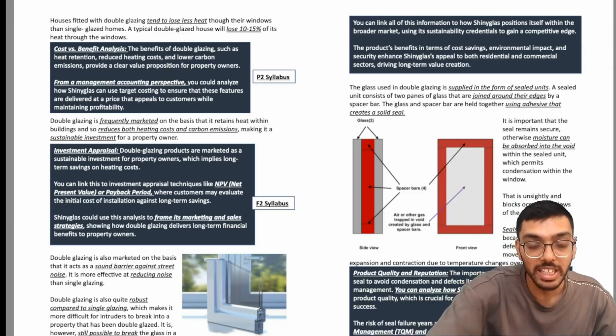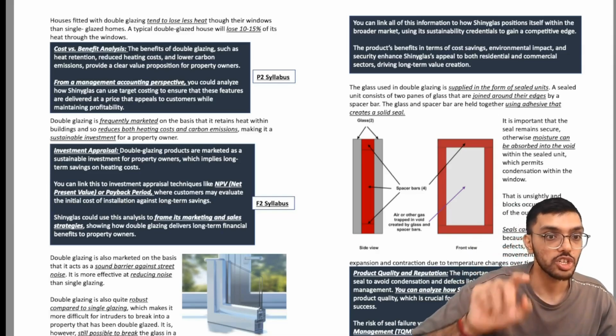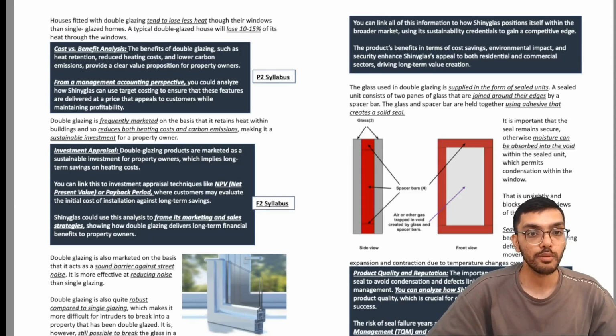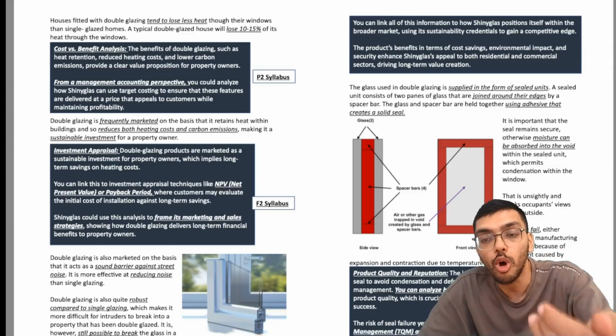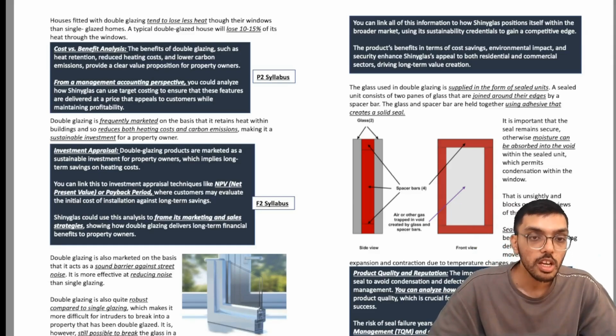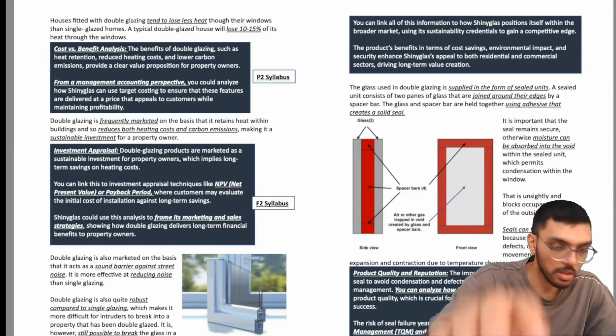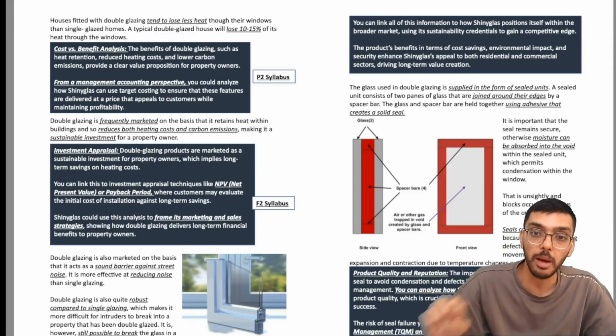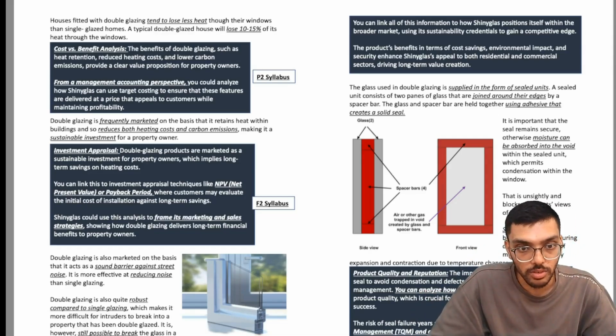This is from your P2 syllabus. Shinyglas could use this analysis to frame its marketing and sales strategies, showing how we deliver long-term financial benefits. So the P2 syllabus is coming up here very clearly for us.